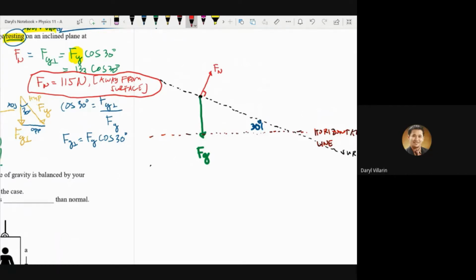And if you can see, since your surface is tilted, you would also expect that your coordinate system in this case is being tilted. That means that Fn becomes your perpendicular force, and anything that is along your surface is your parallel force.